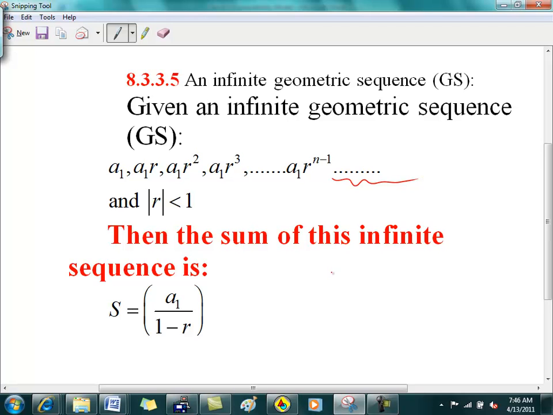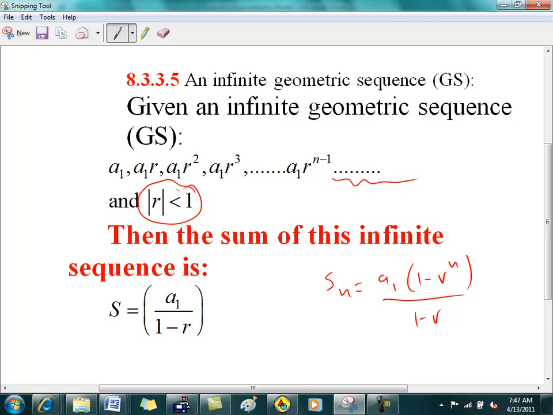So remember from the previous slide, our sum of a geometric sequence was something like this. So in an infinite sequence, if this condition is met, does everybody understand what that condition is saying? That the absolute value of R is less than 1.